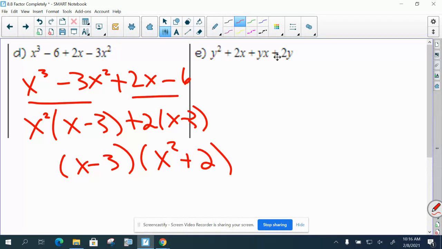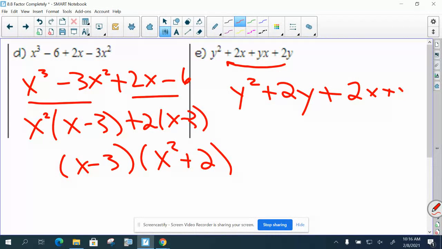All right, so a question like this, you might wonder how we would write that in standard form. The only thing I would do is put the 2y over here to combine the y's, and then do the second 2 terms combining the x's. So we'll do y squared plus 2y plus 2x plus yx.